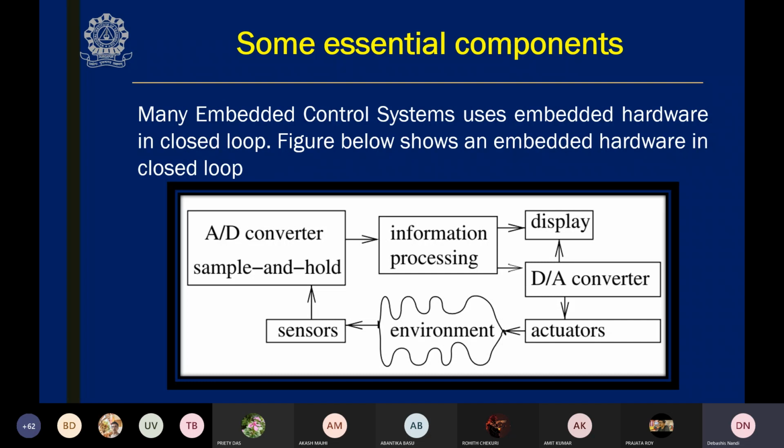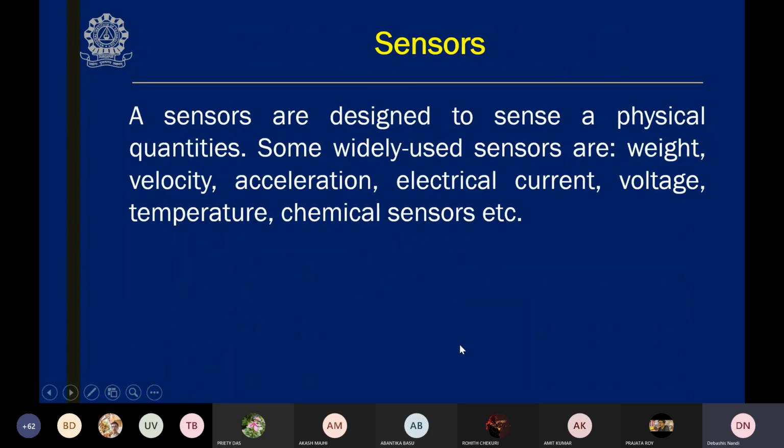A sensor will sense the environment parameters. We have different types of sensors for sensing physical quantities like weight, velocity, acceleration, electric current, voltage, temperature, chemical materials, etc. For chemical materials, chemical sensors will be used.